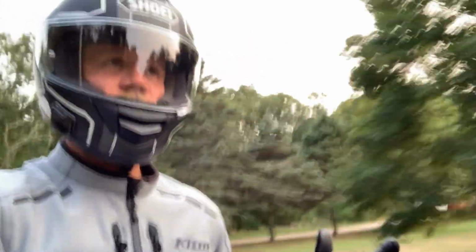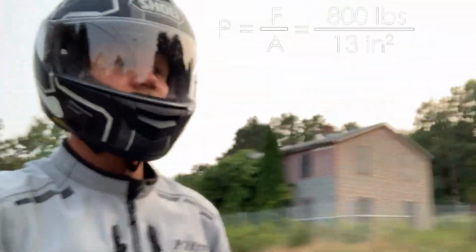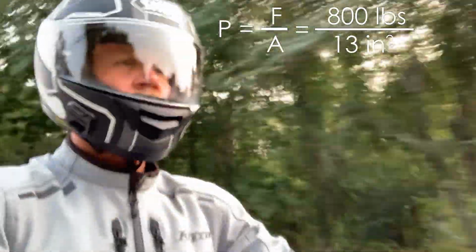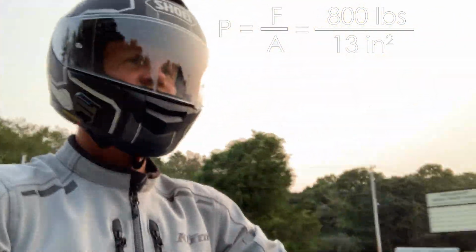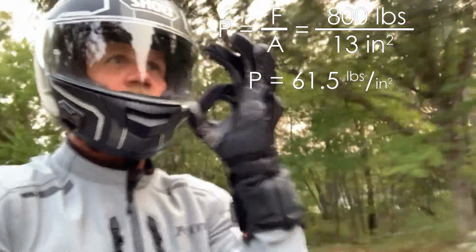And what that means is that 800 pounds is my weight over the area. So 800 divided by 13 is, wait for it, about 61 and a half pounds per square inch. So for every square inch, about like that, 61 and a half pounds.